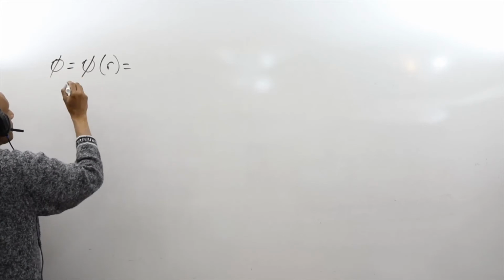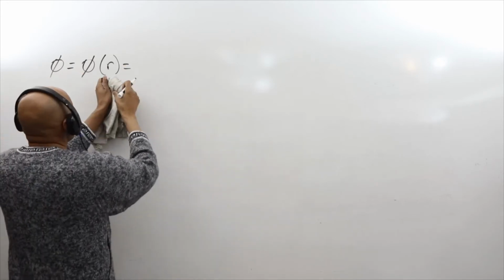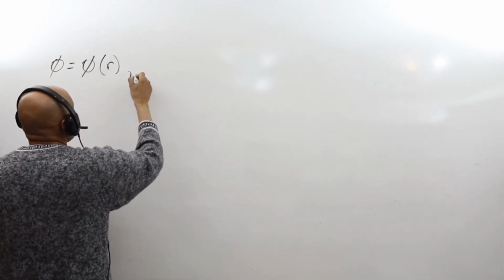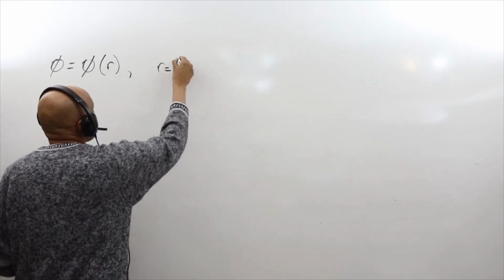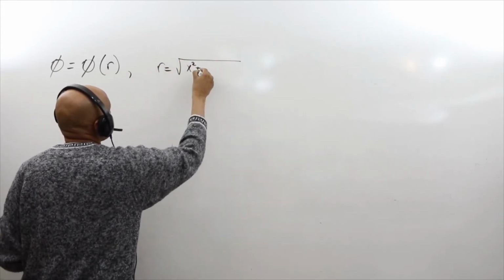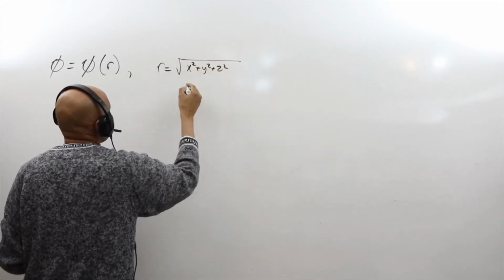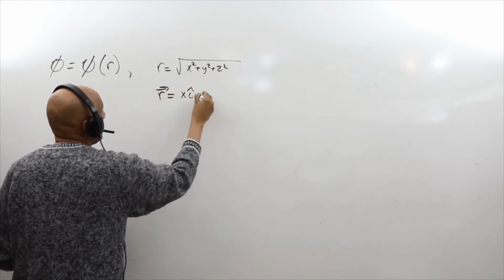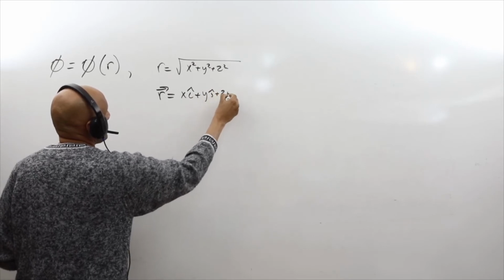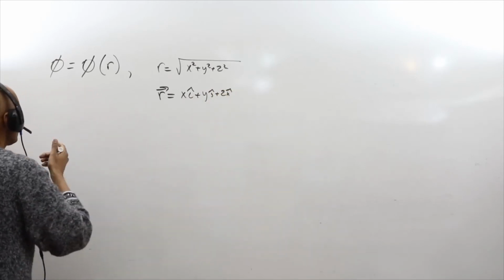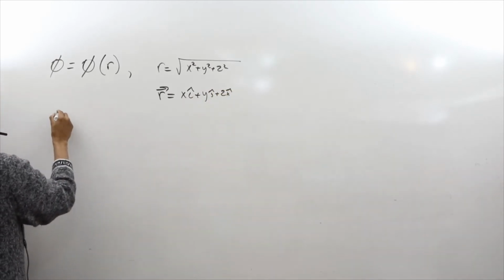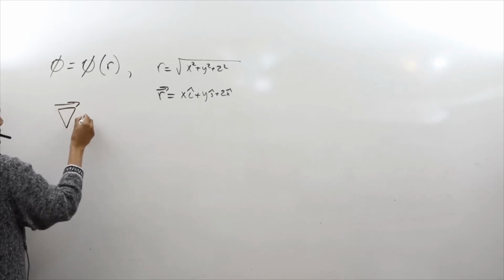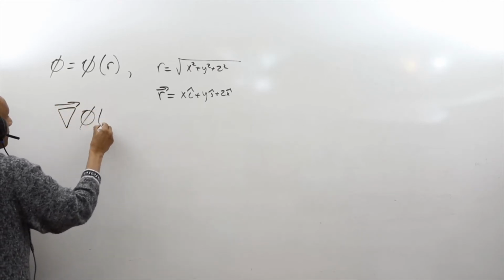What is r? r is given by the square root of x squared plus y squared plus z squared, or if you're curious, the radial vector is given by xi plus yj plus zk. And the question is, what exactly happens if somebody asked you to evaluate the gradient of phi of r?